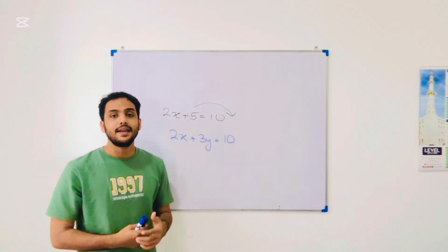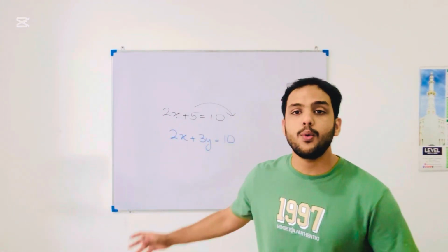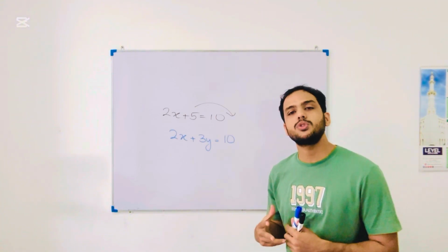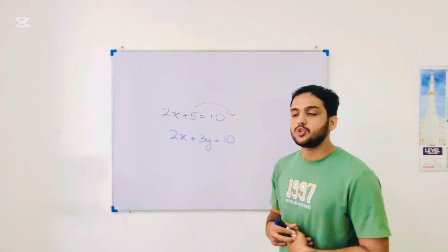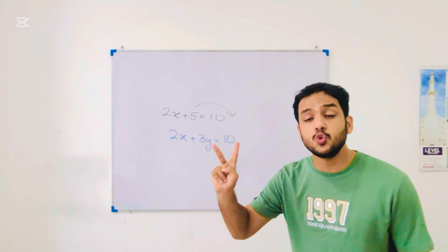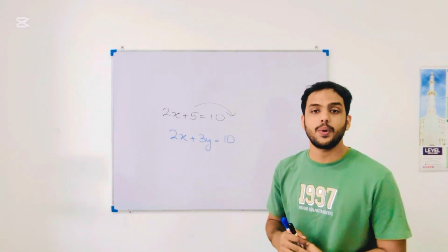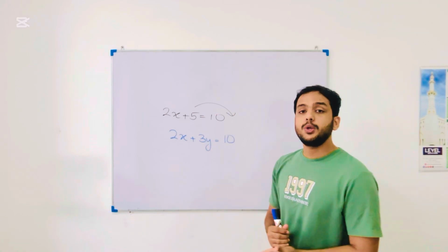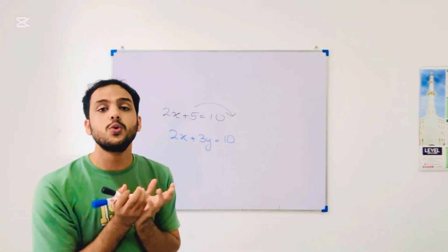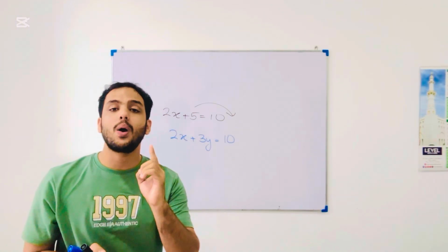Now, what's the idea? When you have more than one unknown term in an equation, you can't solve it by using just one equation. So if you have two unknown terms, we need a pair, that is two such simultaneous equations. We use both of these equations and create a new equation where there is only one unknown term.